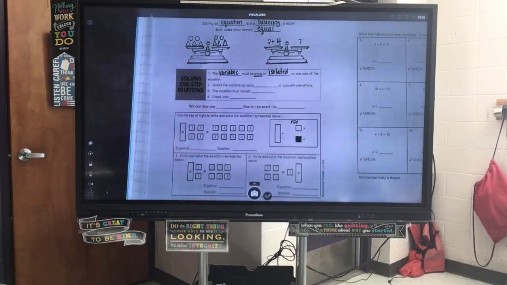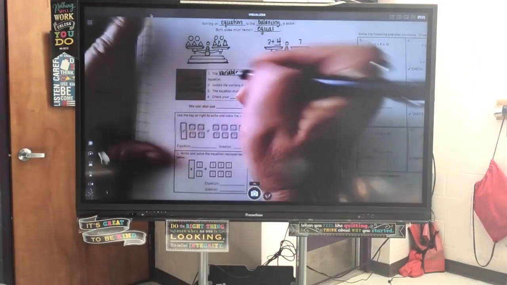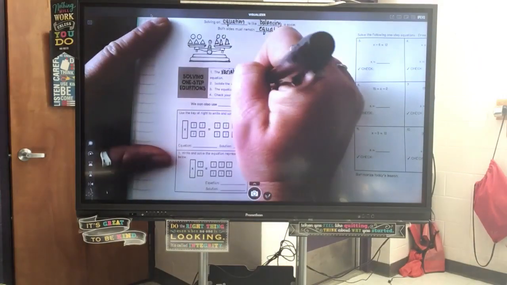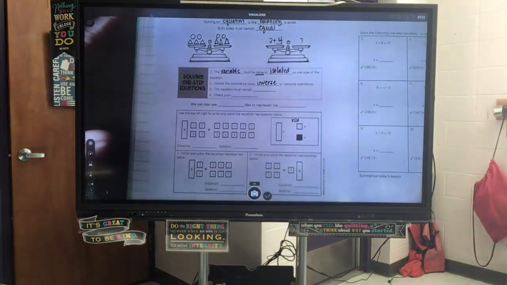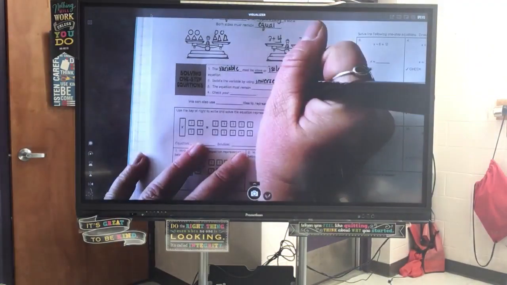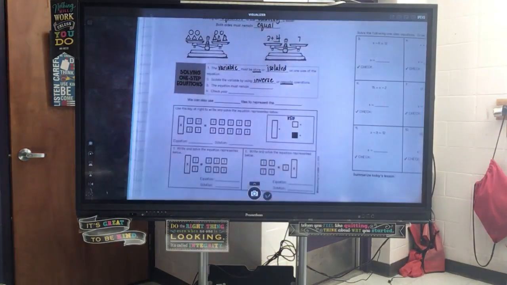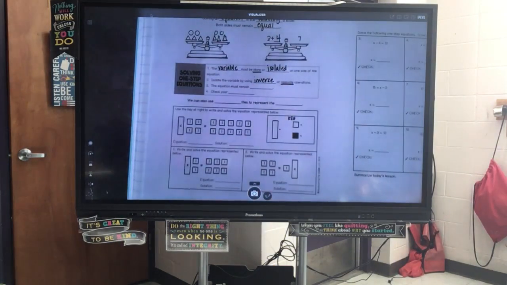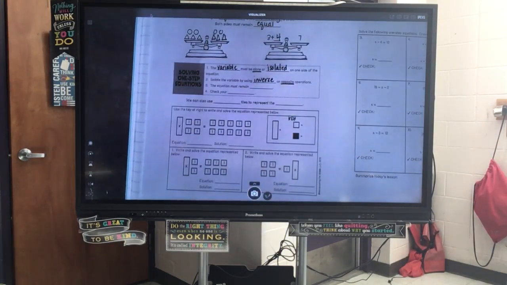So using inverse, or opposite. If you don't know what the word inverse means, it means opposite operations. Whatever is going on in your equation, you are doing the opposite.